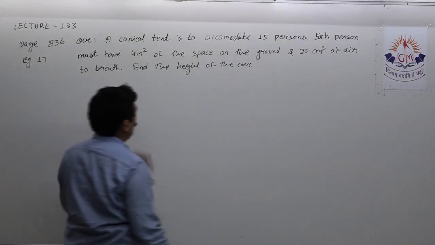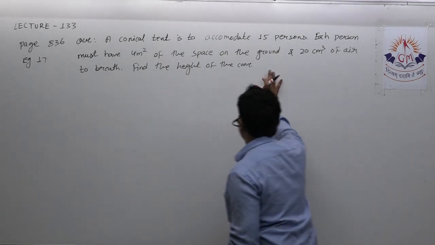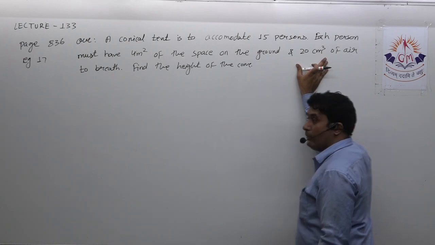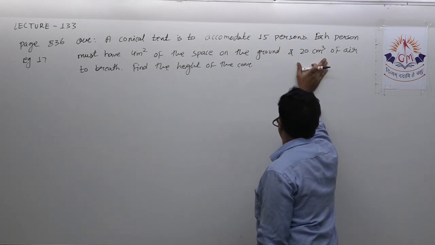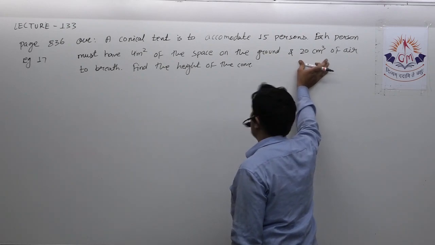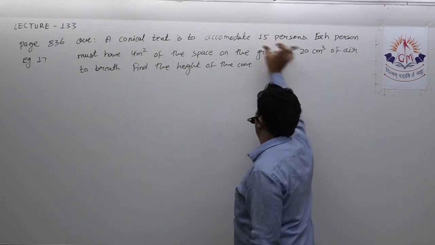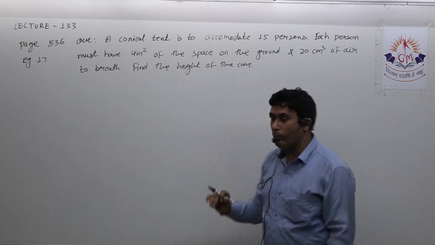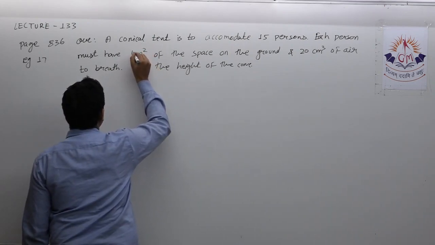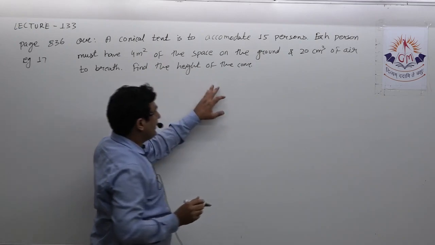Okay, so over here it is given that the tent can accommodate this many persons and this much amount of air is required for each one. So for 1 person, 20 centimeter cube of air is required. So for 15, whatever is required will be the volume of the tent. Now it is also given that each person needs 4 meter square space on the ground.